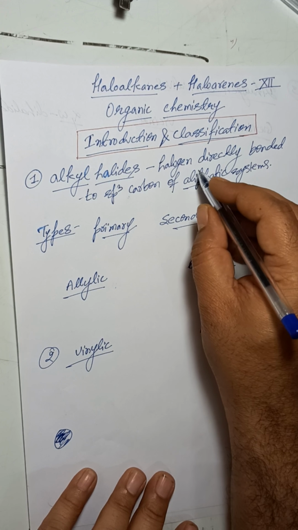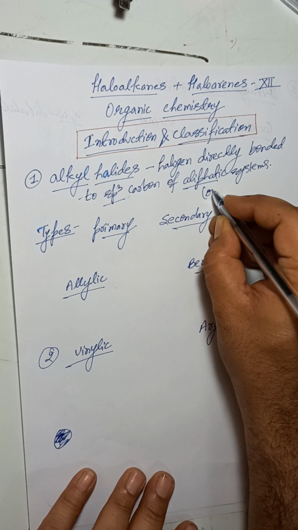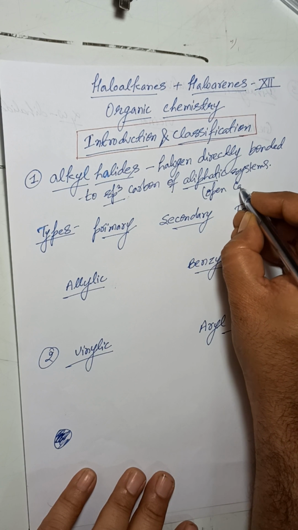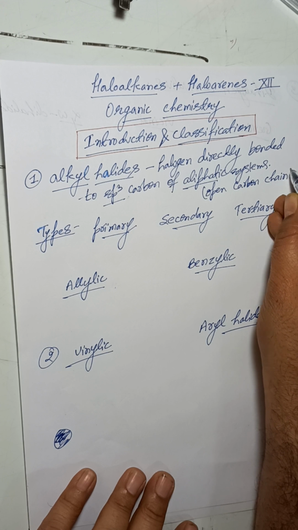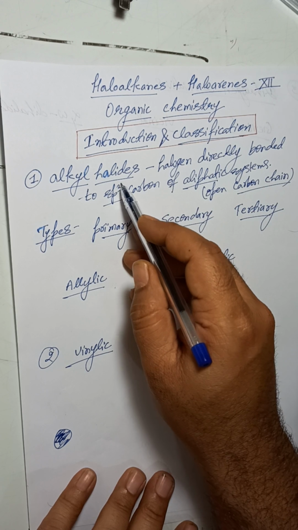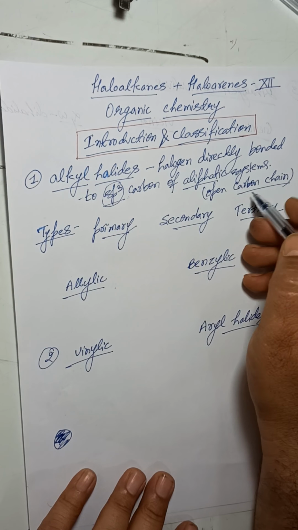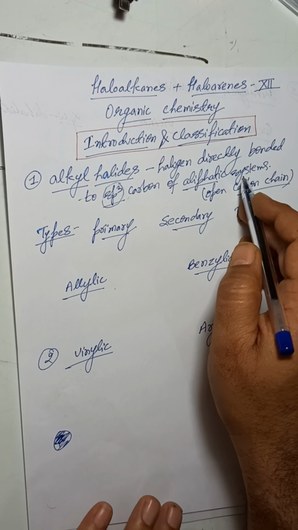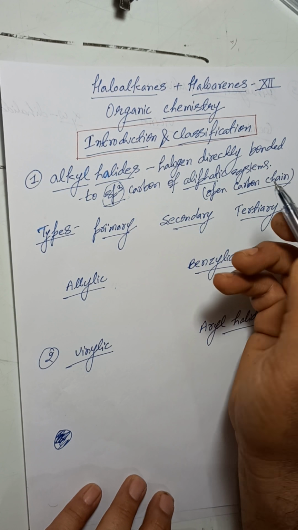Aliphatic means open carbon chain. Again, sp3 carbon, aliphatic system, open carbon chain. So any halogen attached to it, that would be called alkyl halide or haloalkane.